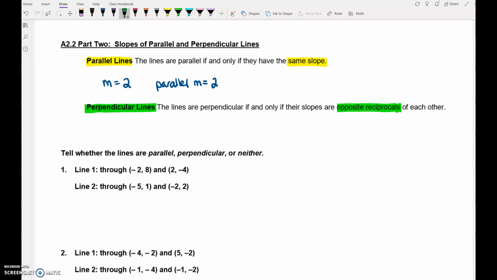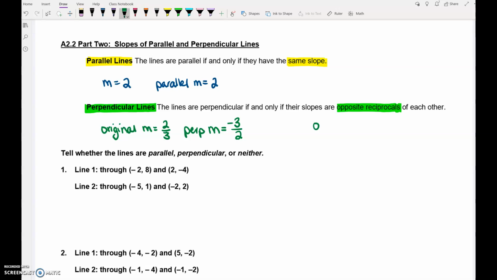So if the original slope was 2/3, the perpendicular slope would be -3/2. So if 2/3 is positive, the perpendicular slope must be negative. Take 2/3 and flip it, 3/2.